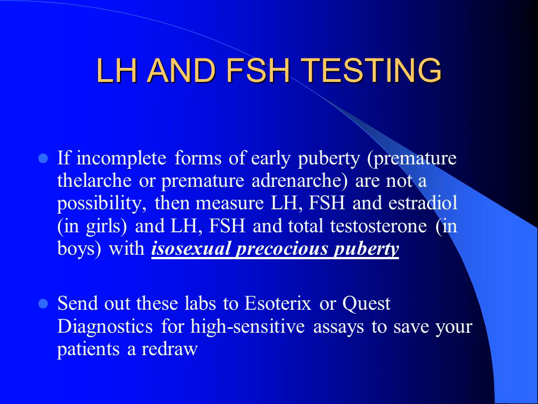LH and FSH testing: if incomplete forms of early puberty, premature thelarche or premature adrenarche, are not a possibility, then measure LH, FSH and estradiol in girls, and LH, FSH and total testosterone in boys, with isosexual precocious puberty. Send out these labs to Esoterix or Quest Diagnostics for high-sensitivity assays to save your patients a redraw.